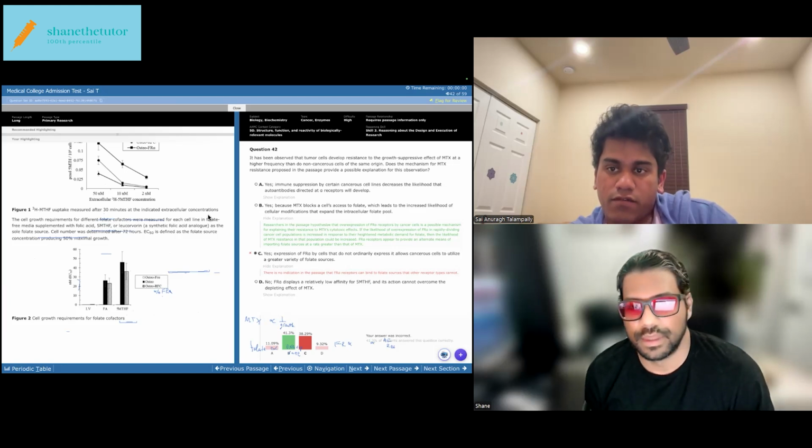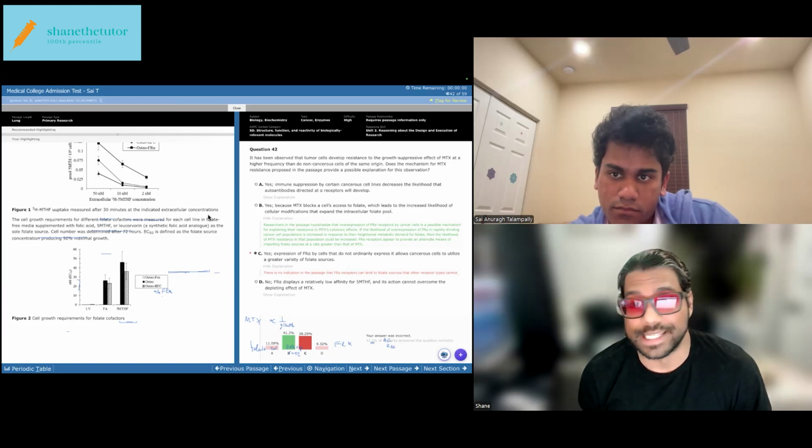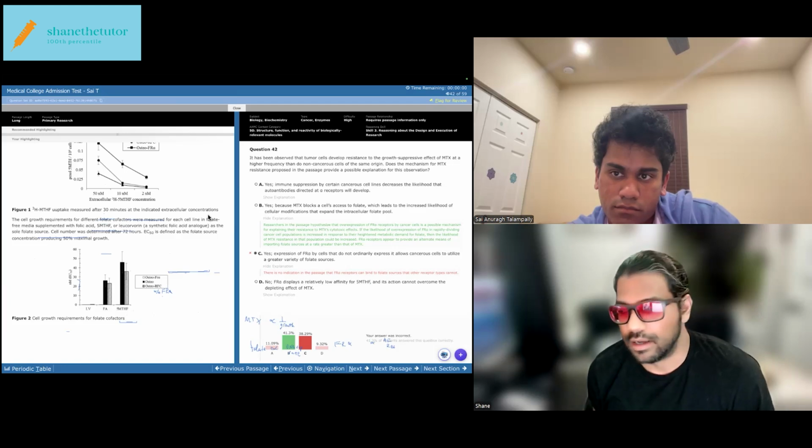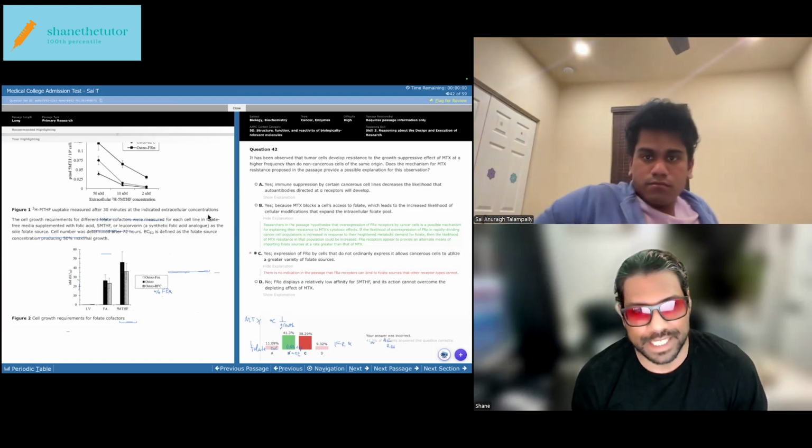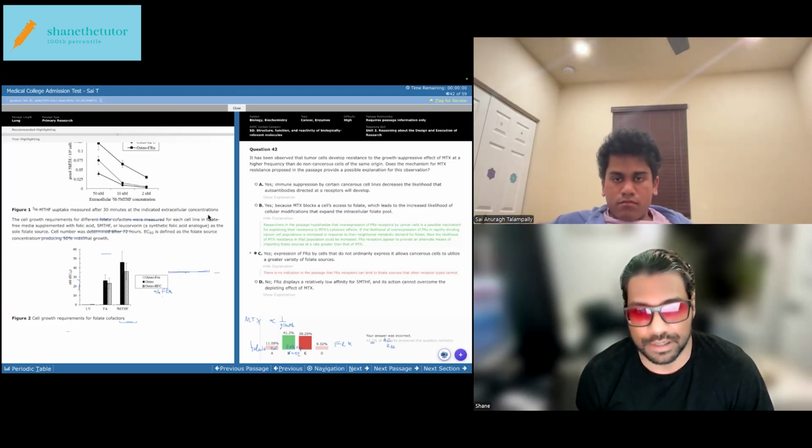Growth suppressive effect of MTX. Okay. Yeah, I'm with you. Meaning a resistance to that. So we know MTX inhibits or suppresses growth, right? But in a tumor cell, that suppression of growth decreases because tumor cells develop a resistance to MTX at a higher frequency than non-cancerous cells.